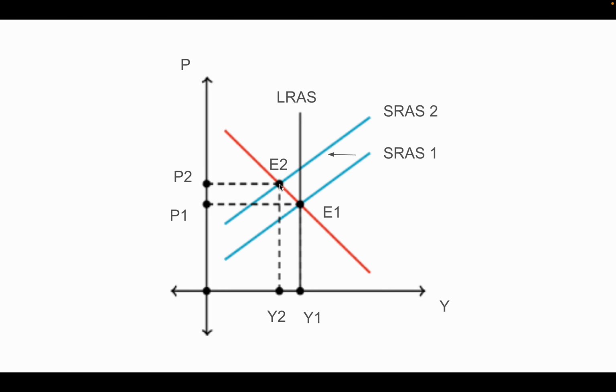And this is how we demonstrate it in the short run, because the long run aggregate supply curve won't follow this because of sticky input prices, because it takes a while for wages and such to adjust to situations like this.